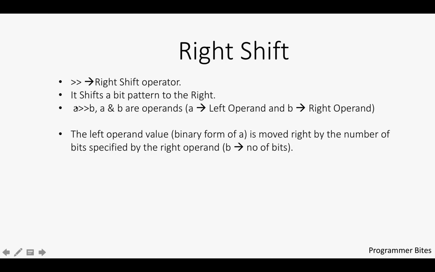The left operand value, the binary form of A, is moved right by the number of bits specified by the right operand. B is the number of bits. That is, the binary form of A is moved towards the right B times.